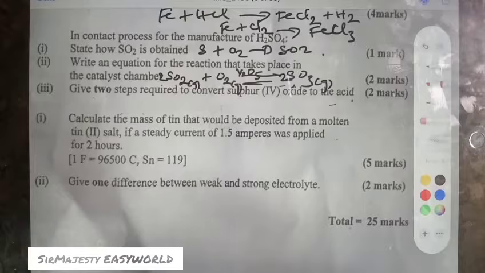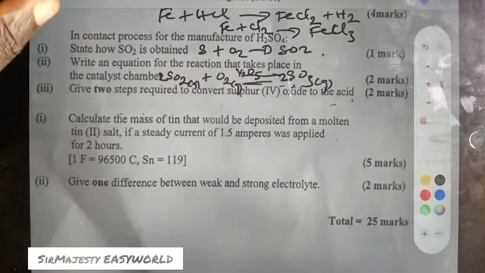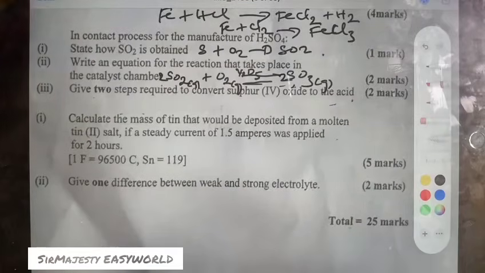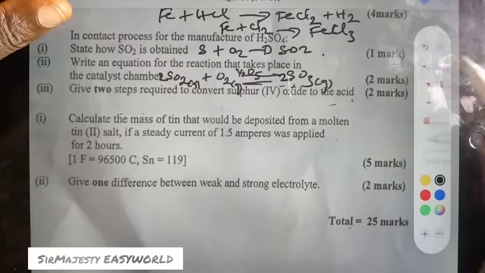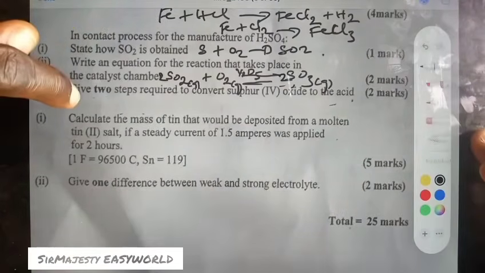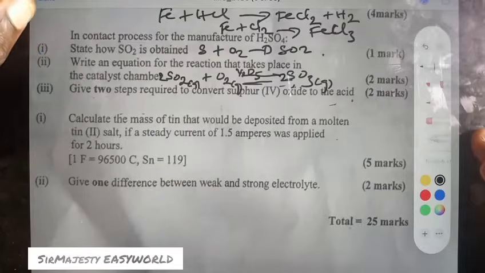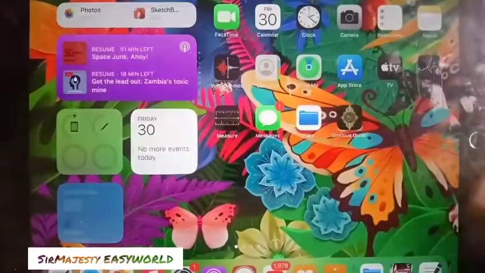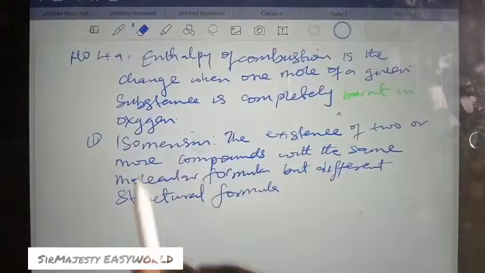This is your Faraday's first law. You just write tin, thank God they say tin salt. So you write the half cell equation, which is actually, okay, let me go back to my solving board. We note that 1.5 amperes was provided in 2 hours.